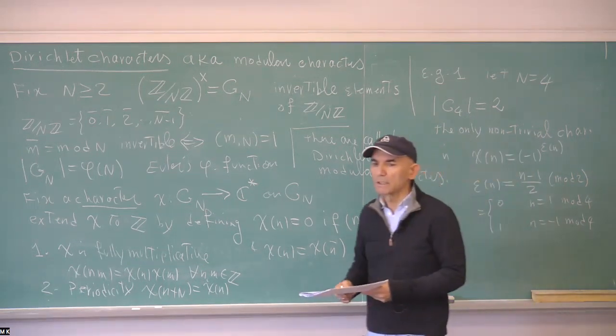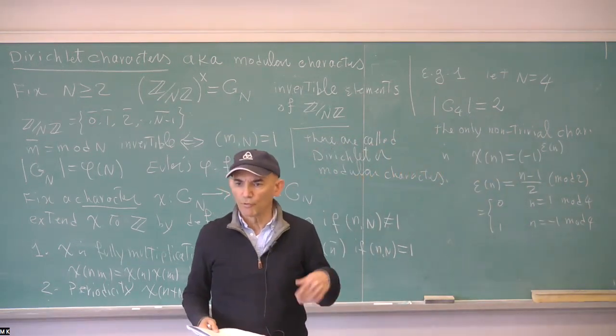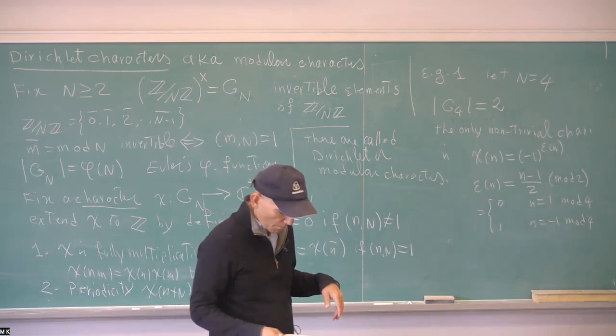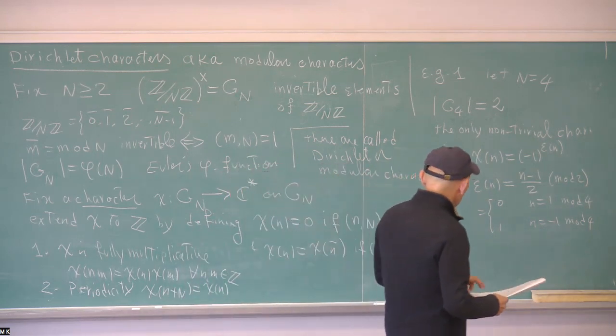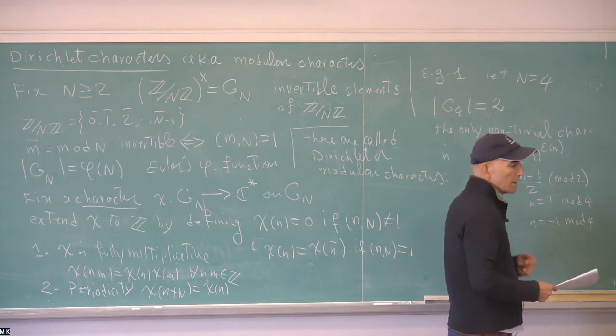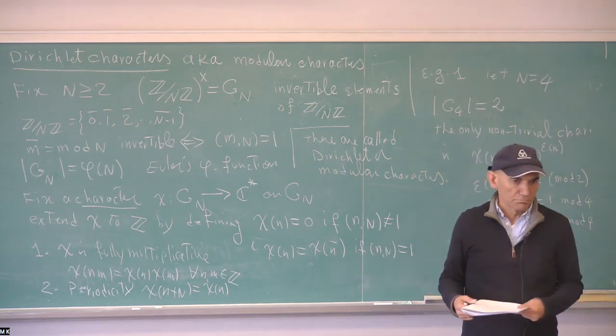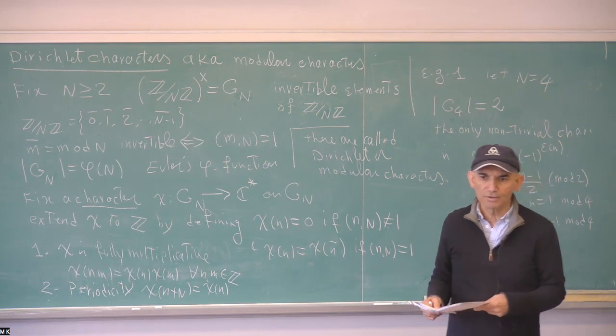I mean, it's equal to 3 mod 4. So that's our first Dirichlet character.